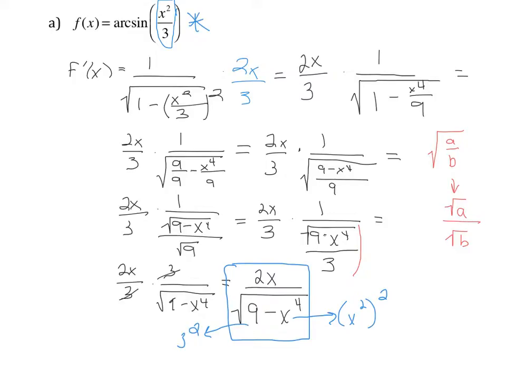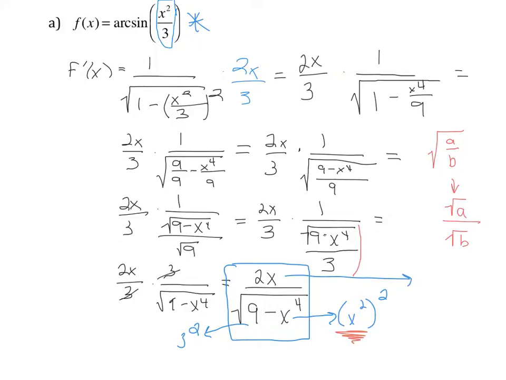And then what about the 2x that we're seeing up here? Where did that 2x come from? That was the derivative of this x squared. So we could start to see a pattern here, but that pattern all rests on using, effectively, a u substitution.